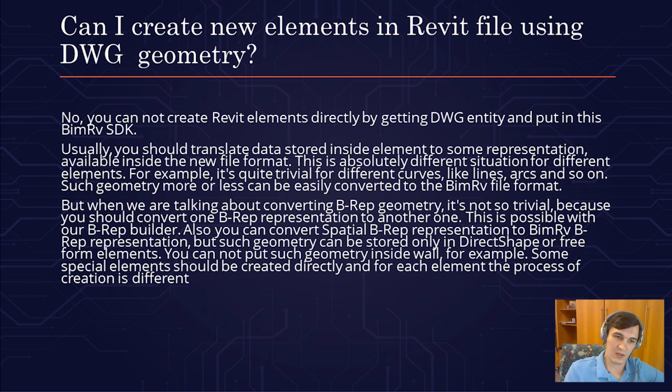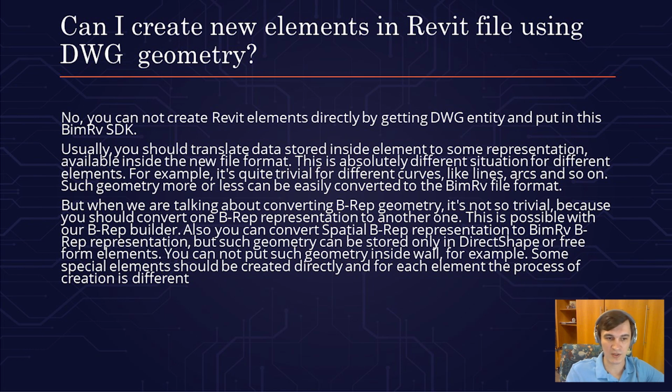It's not trivial, and it depends on the information stored inside the elements. Usually you should translate this data to some representation available inside the new file format. This is an absolutely different situation for different elements.